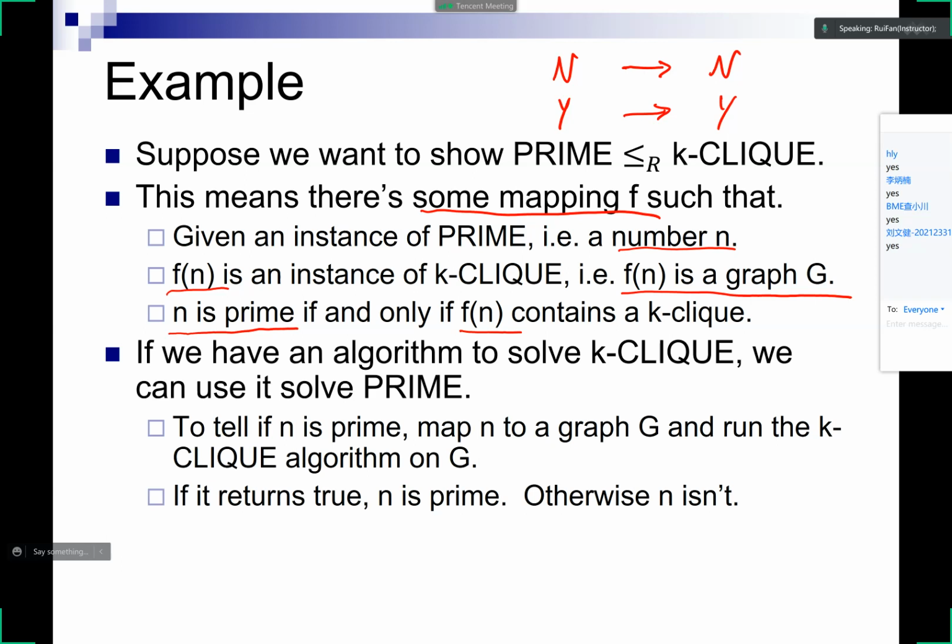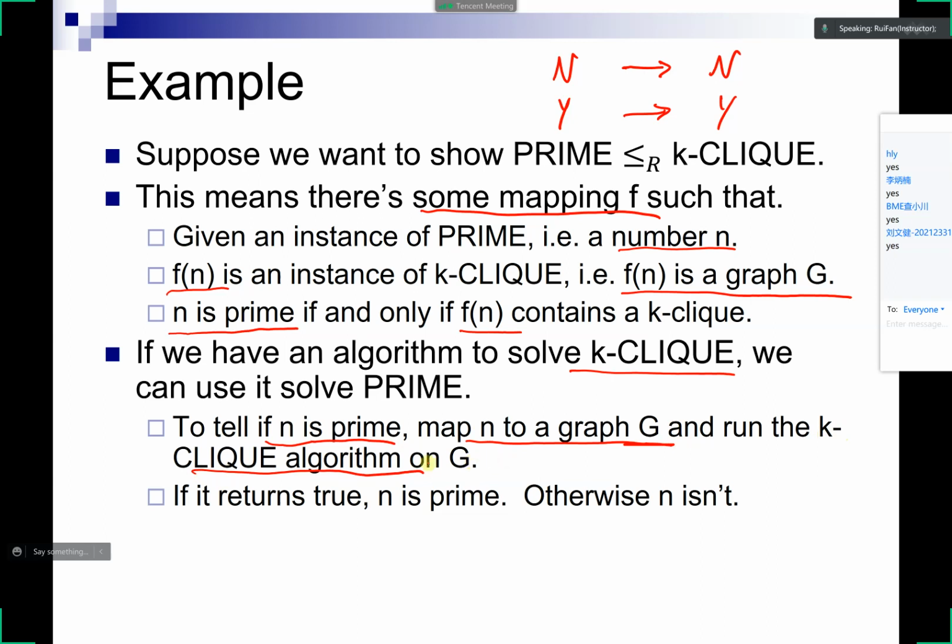Now suppose you have an algorithm to solve k-clique. Then you can use it to solve prime. Because if I give you a number and ask you if it's prime or not, you're just going to use your mapping f to map the number to a graph G, and then run your k-clique algorithm.